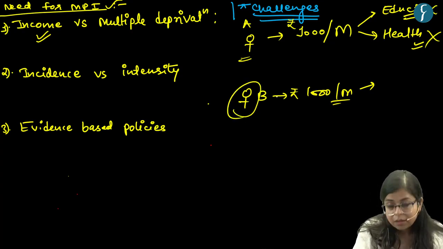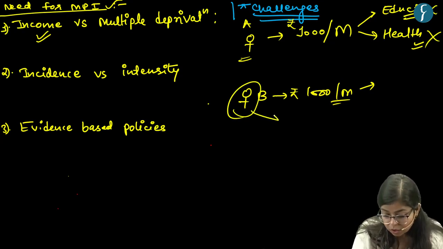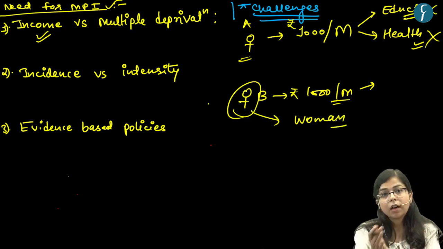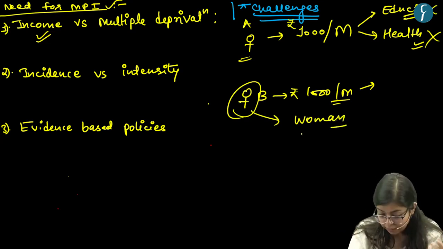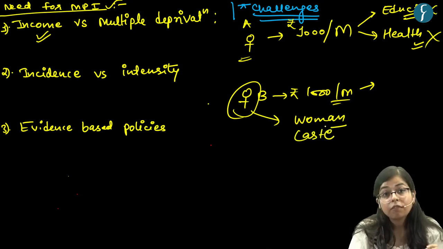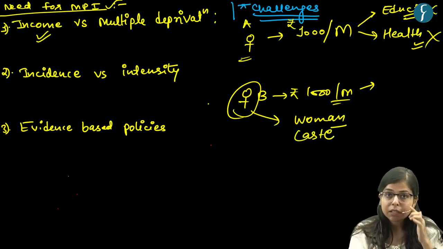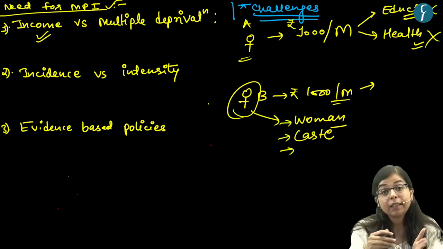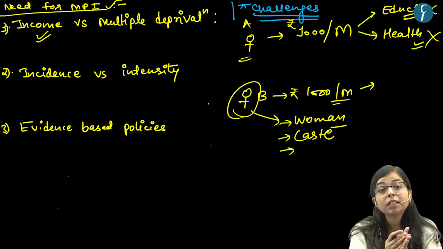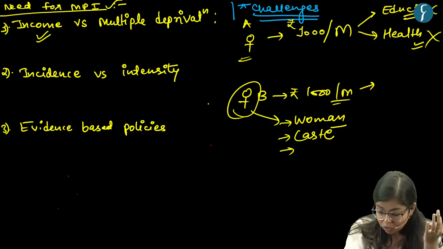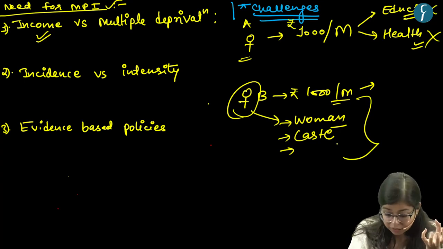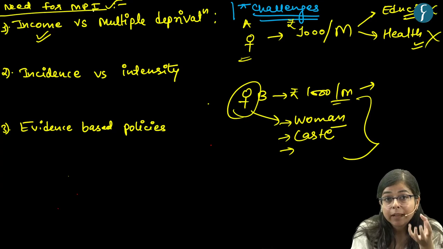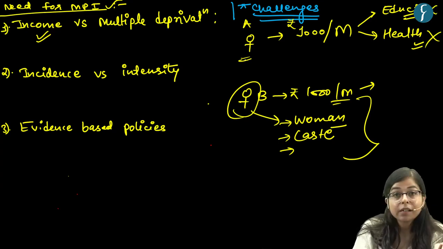Maybe because there are some social deprivations, maybe because this person is a woman, right? Based on her gender, she is being discriminated, right? Suppose the person is of lower caste, and based on this the person is being discriminated, right? Suppose in the village of this person, these facilities are altogether not available. So based on these social deprivations, person B has multiple level of deprivations as compared to person A, right?